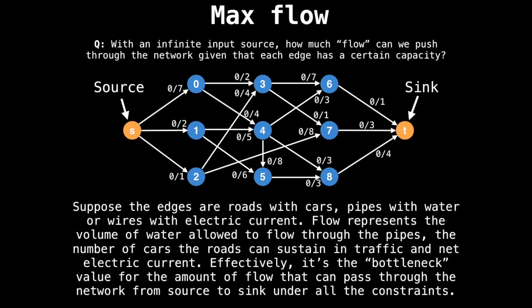The maximum flow, on the other hand, would represent the volume of water that can flow through the pipes, or the number of cars the roads can sustain in traffic, or the net electric current that your system can sustain. Effectively, the maximum flow is a bottleneck value for the amount of traffic your network can handle. And that is going from the source to the sink under all those constraints.